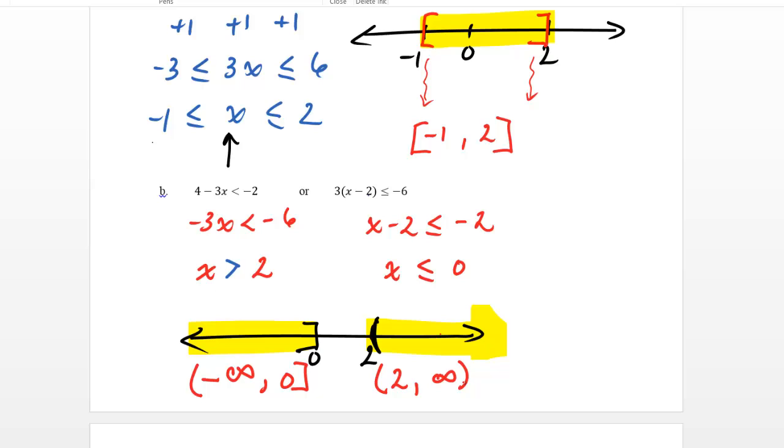But since both of these are part of the total solution set, they can't stand alone individually, so we have to combine them together with our union symbol. That's a pretty terrible looking union symbol. Try that again. So just the simple little U. So our interval notation would be that entire statement. Okay, so that's a good look at some compound inequalities.